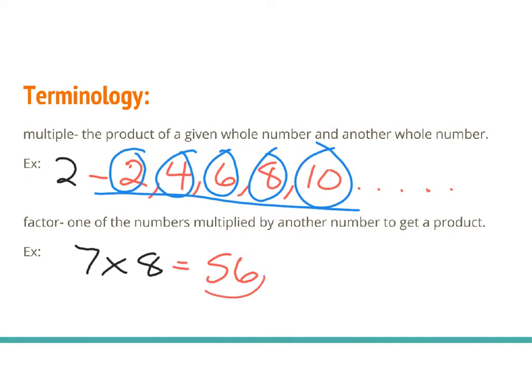So 56 is the product, and 7 and 8 are both factors of that product. So these numbers right here in that multiplication problem are the factors. So you've been dealing with factors and products all along.